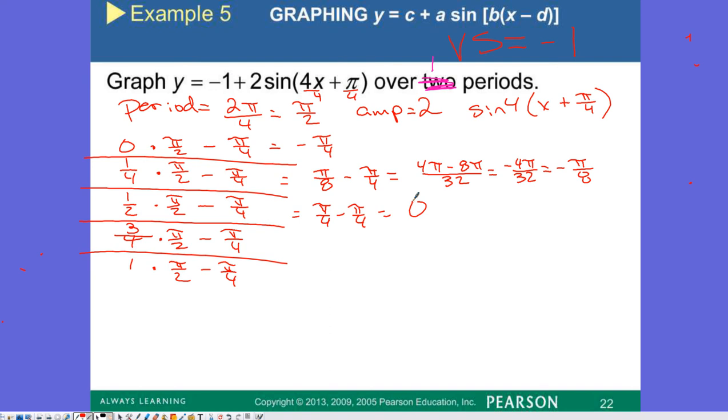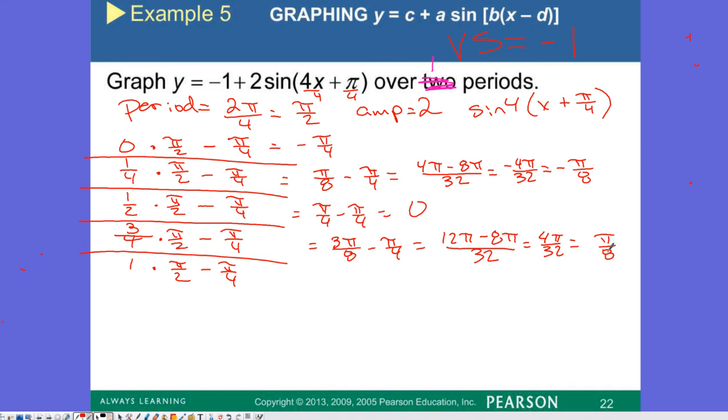All right, so 3/4 times pi over 2 is 3 pi over 8, very good, minus pi over 4, which is 3 pi over 8 minus 2 pi over 8, which gives pi over 8.